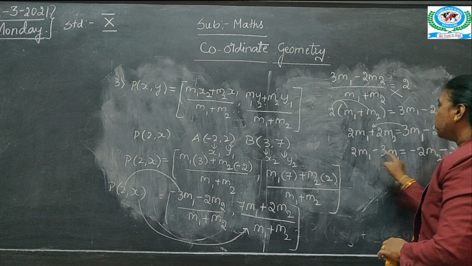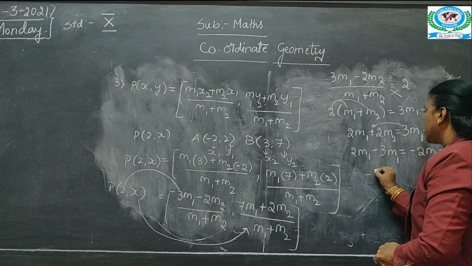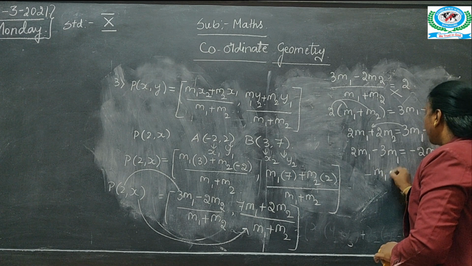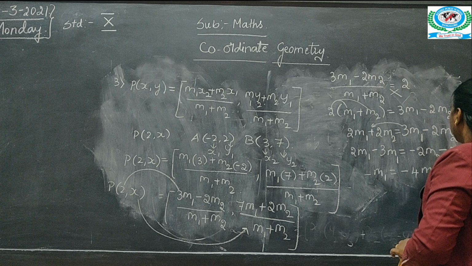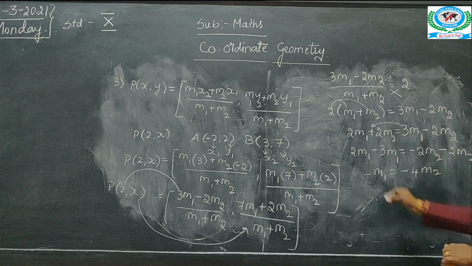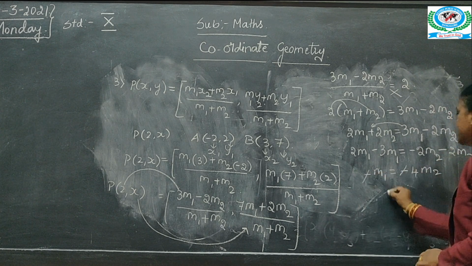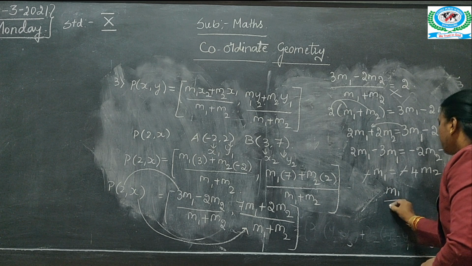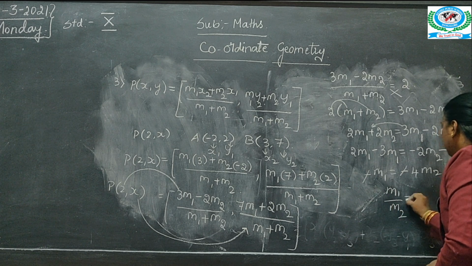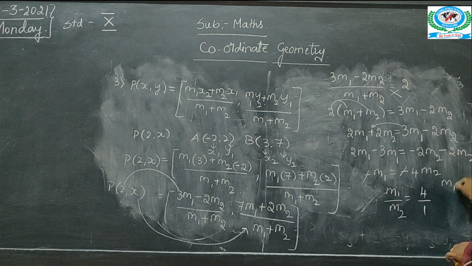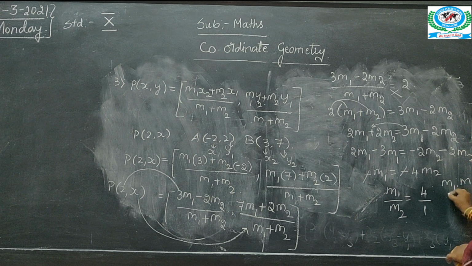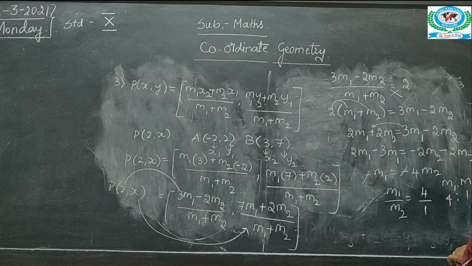Okay, so 2 minus 3, so minus 1 I get. Minus m1 is equal to minus 4 times m2. Okay, so minus and minus will get cancelled. So m1 by m2 is equal to 4 by 1. So m1 is to m2 will be 4 is to 1.